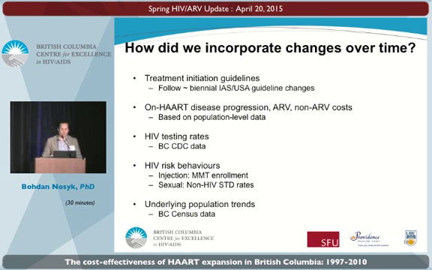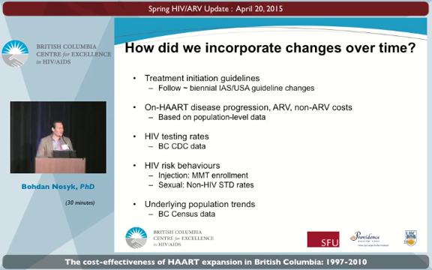So how did we incorporate changes over time? It's a key question because, as you know, if you've been attending this antiretroviral update, a lot has changed over time. First of all, we incorporated treatment initiation guidelines. In the early 2000s, initiation guidelines suggested that you couldn't get onto treatment until your disease had progressed, until your CD4 was less than 200, so if you had a CD4 count of over 500, you weren't allowed entry into those states.